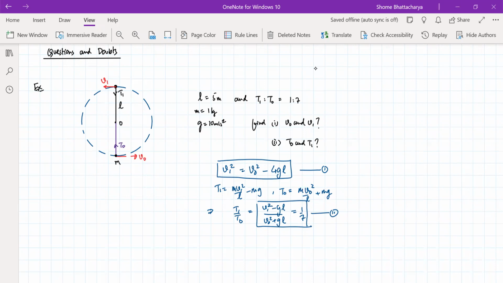So from the second equation, you can see that 7v1 square is equal to v0 square plus 8gL, correct? From this equation. So now substitute this here.